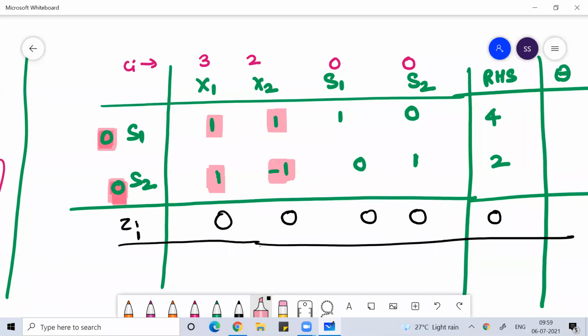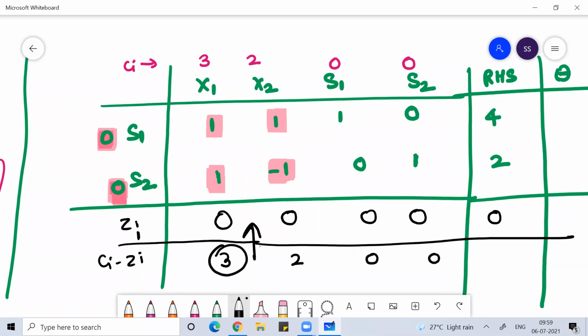So if you find Ci minus Zi, that is 3, 2. Out of all Ci minus Zi, find the maximum.